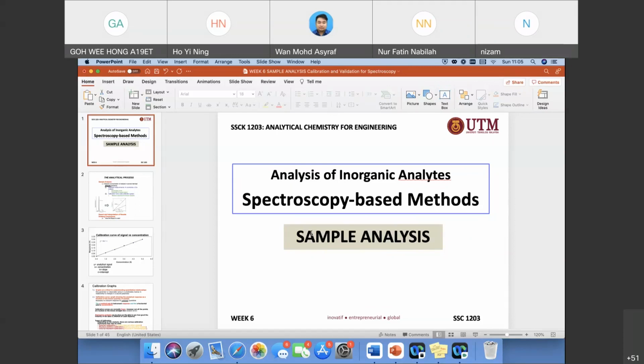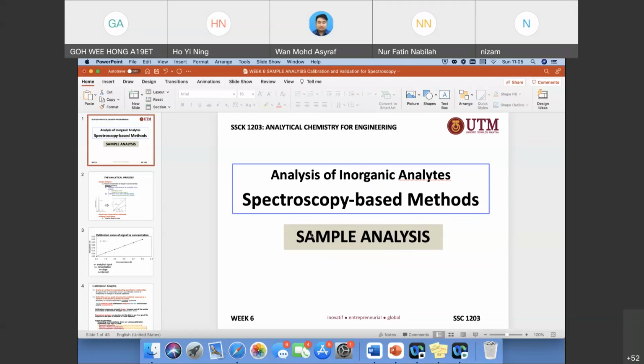And then you also looked into how to prepare the sample prior to the analysis. So now we are going to look into what happens after the analysis. So what are you going to do with it? How are you going to interpret it, or what are you going to do for you to be able to quantify it later on? Okay.